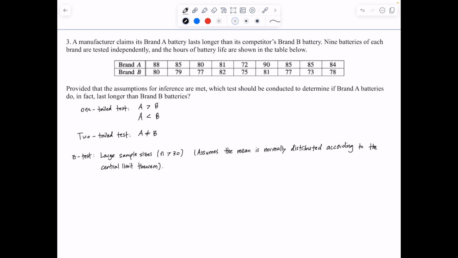Right. And also population standard deviation must be known.